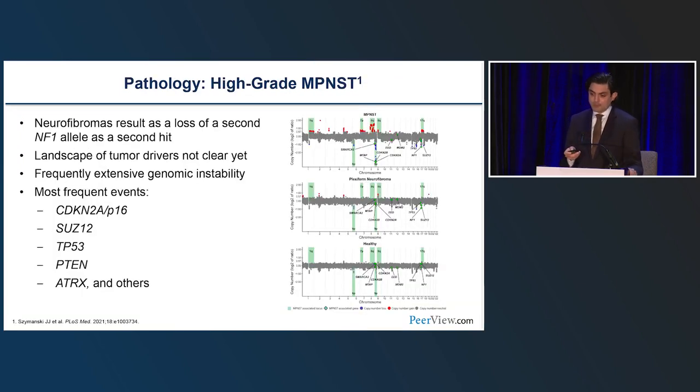And we know that the neurofibromas, we've discussed this before, result from a loss of the second NF1 allele as a second hit, and there are potential other driver mutations, some of which are listed here, with CDKN2A, TP53, and SUZ12 being probably the more common ones we see, although ATRX is showing up as a very frequent mutation that we also see.